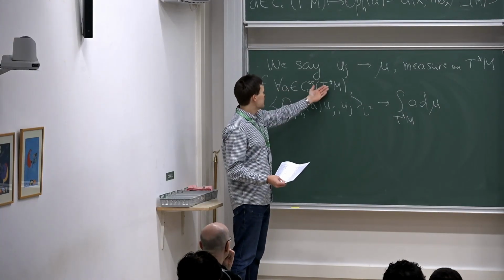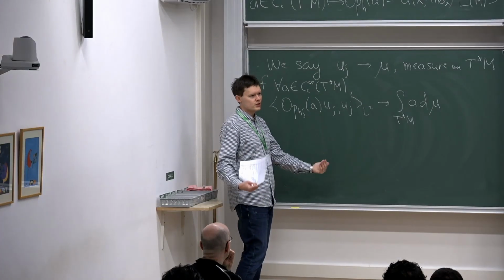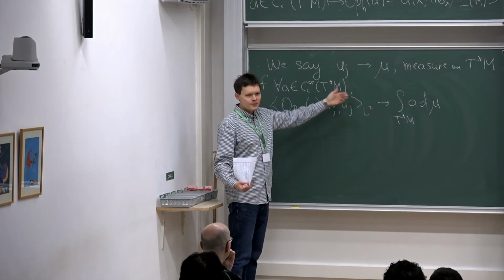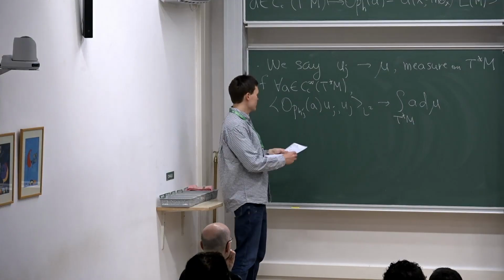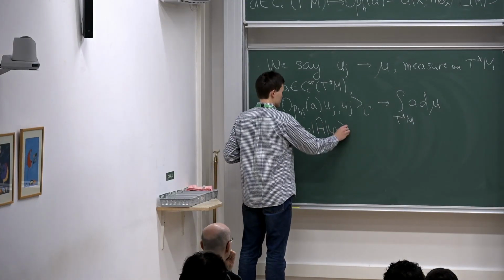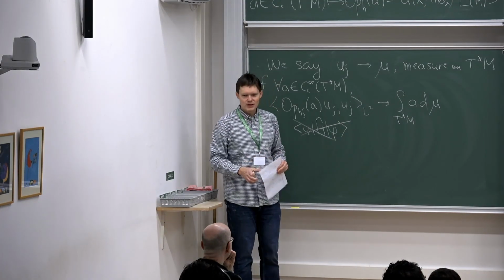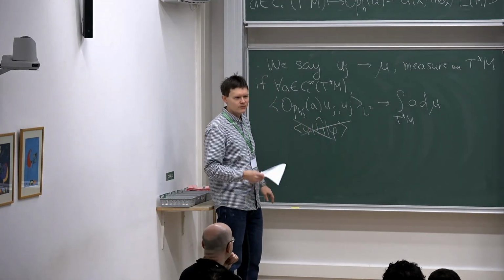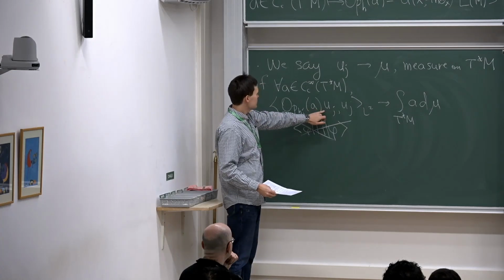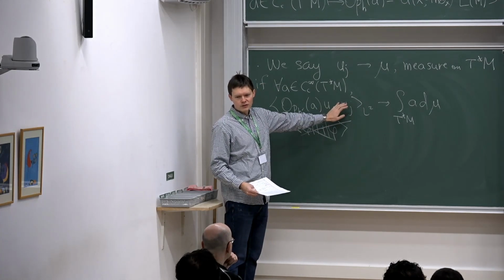Then a is a function on this phase space, so that's a classical observable. It's a function of position and momentum. Then this expression on the left, a physicist would call it like this. If you ever took quantum mechanics, okay, I'm not going to use that notation. There's nothing wrong with that notation, but that's not one that I'm used to. So this is just the average value of this classical observable on this quantum wave function.